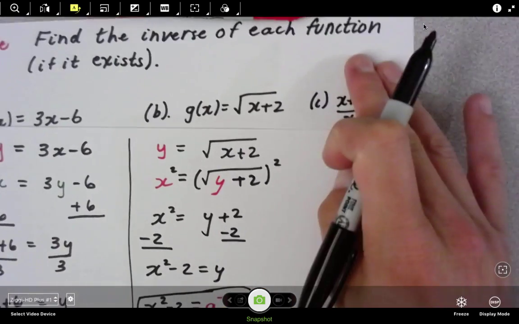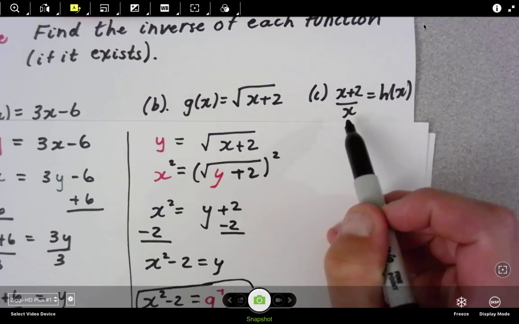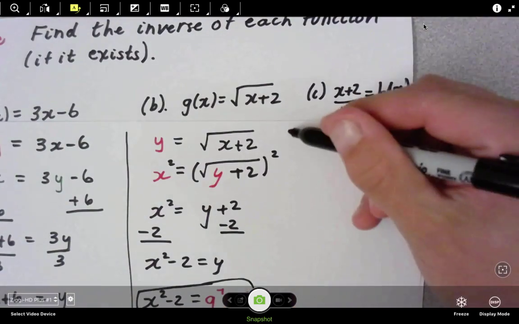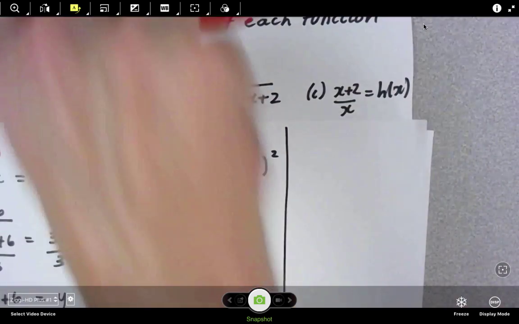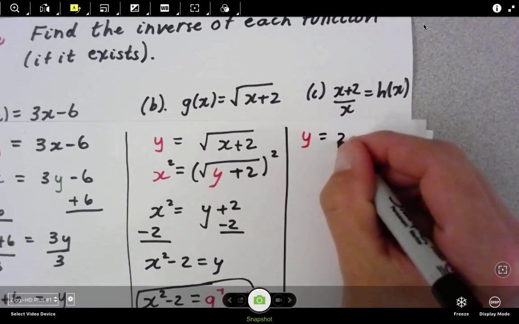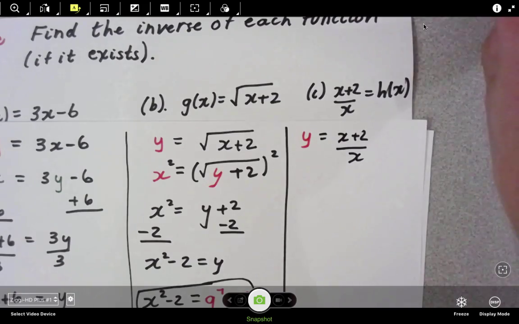Our last example, h of x equals x plus 2 over x. So again, let's replace h of x with y. So you're going to write y equals x plus 2 over x. Now we switch x and y around.